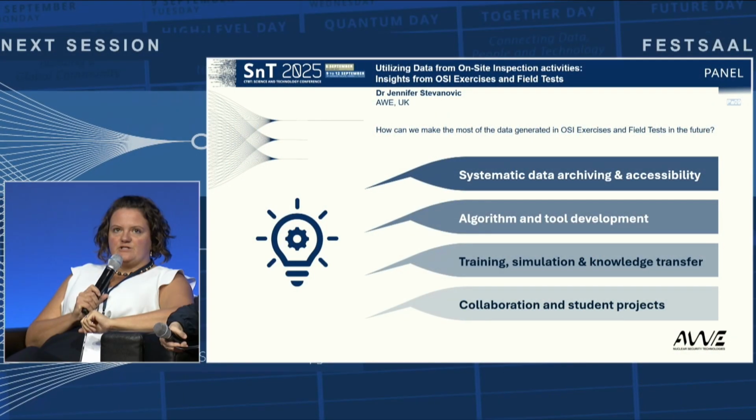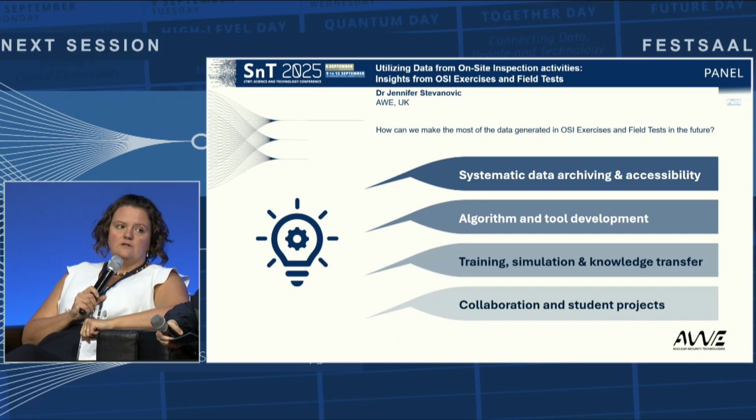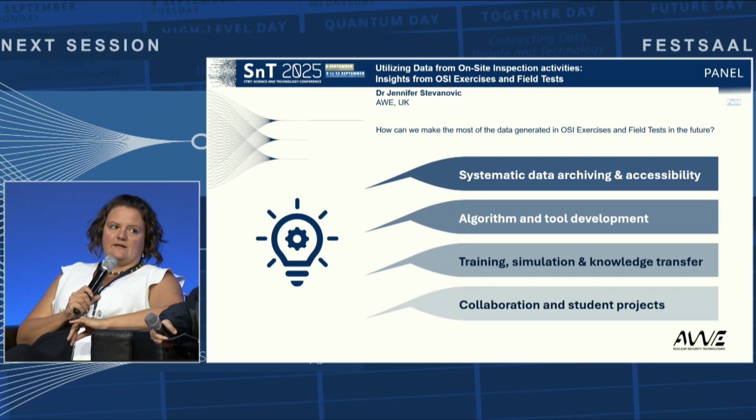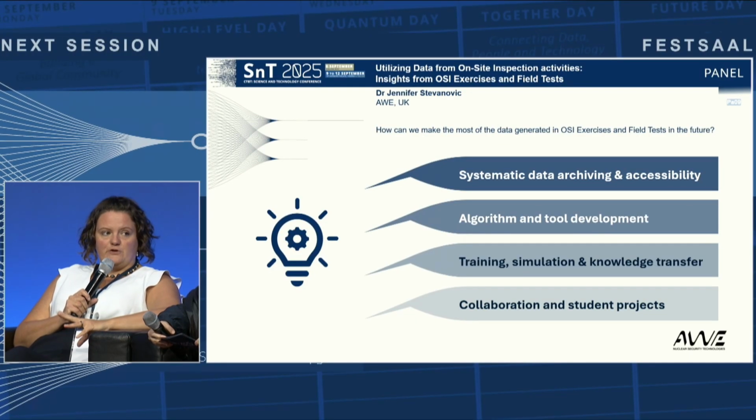So then, Jenny, it's you. Thanks. So I think one of our responsibilities when we're working in global security is to document our work for posterity. Time and time again, the value of historical data has been proved, and it's our responsibility, I feel, to make sure that we're archiving and making available that data for not just our colleagues today, but also for the future.